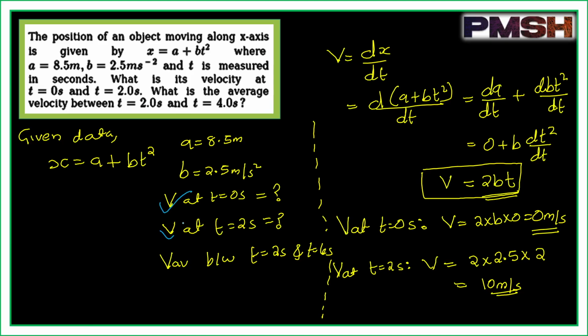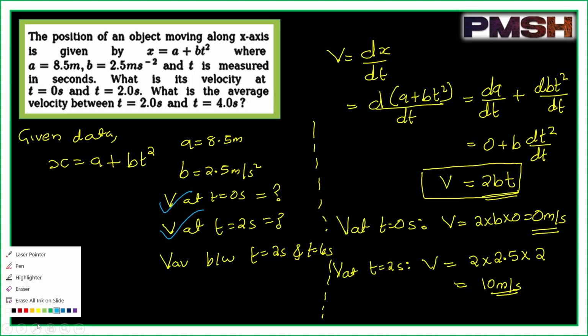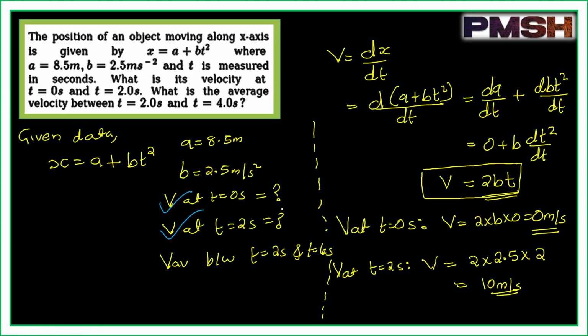So we have completed the first two questions, that is velocity at t is equal to 0 second and velocity at t is equal to 2 second. Now you want to find the average velocity between t is equal to 2 second and t is equal to 4 second. Okay, so let's see how to find that. So we want to find v average between t equal to 2 second and t is equal to 4 second.